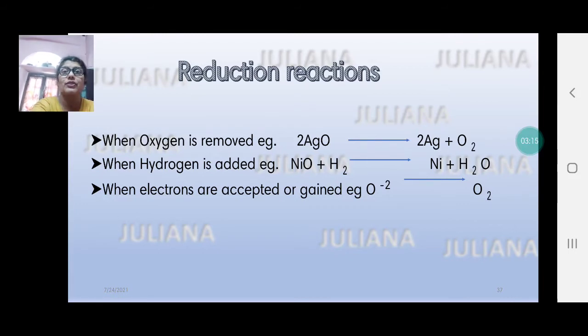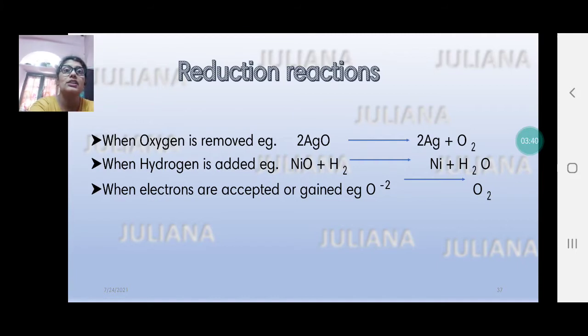Now in nickel oxide, oxygen has been removed, so that is reduction. And hydrogen and oxygen combine to give you water, H2O. Now here again, as I told you, many reactions have redox going on, reduction and oxidation. So in H2O, which one is being reduced and which is oxidation?